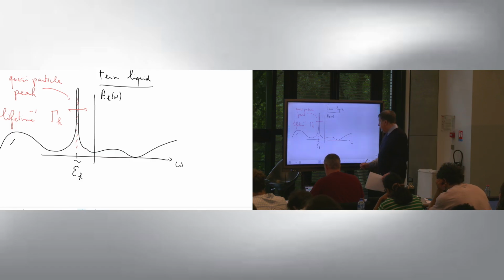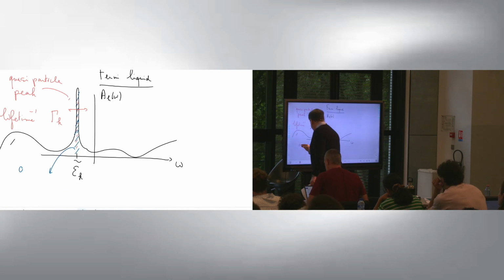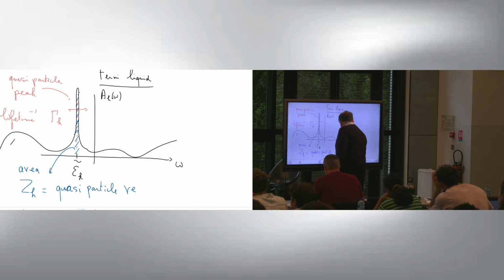And it has also the area of the peak. That's Z_k, the quasi-particle residue.